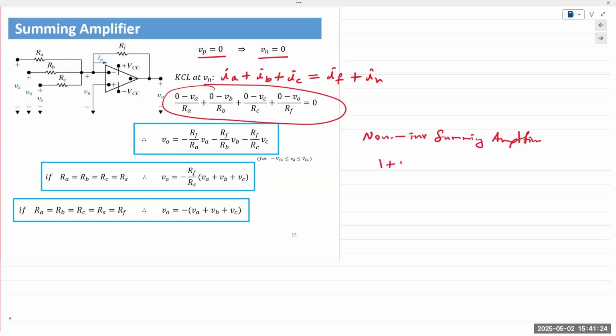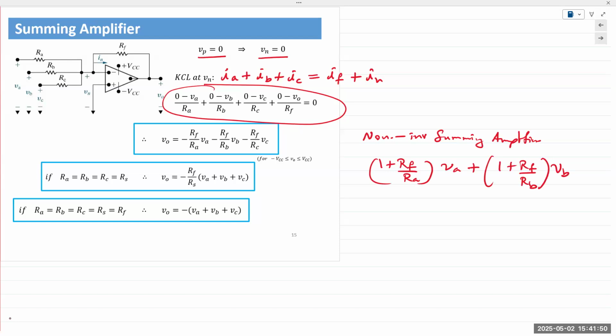So it'd be 1 plus RF over RA times VA plus 1 plus RF over RB times VB. Because it's an inverting amplifier, you have a minus sign. Again, I want to emphasize, just because there's a minus sign does not mean it is subtraction.